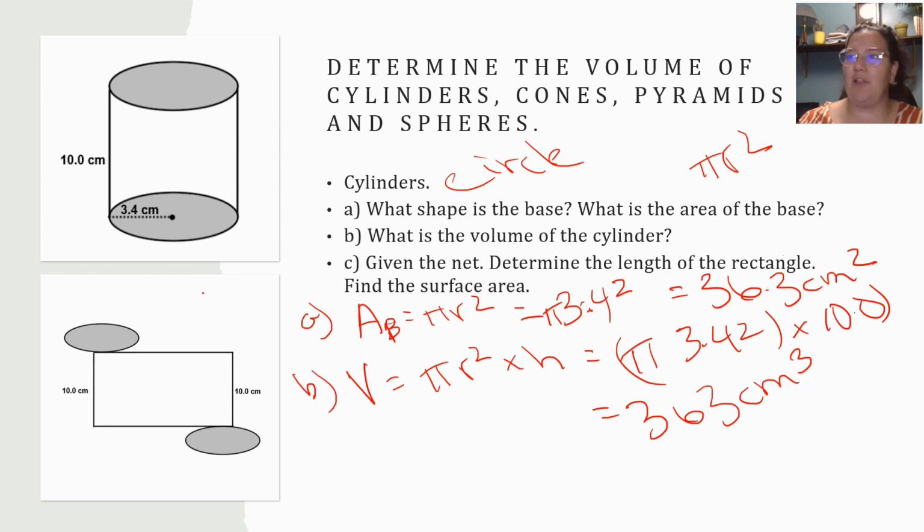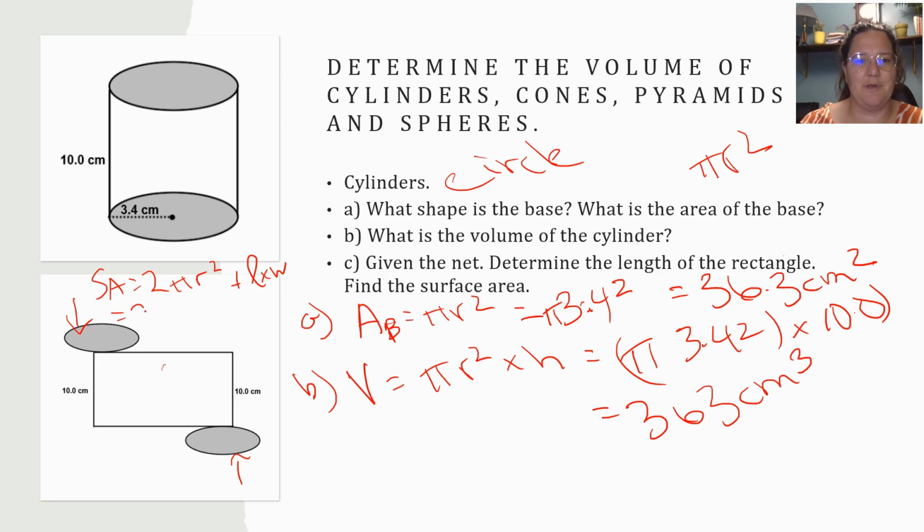Okay, now we're going to take a look at surface area, and we have two circles that are identical, and then we have this rectangle in the middle. So for our surface area, we're going to go 2 pi r squared plus length times width of that rectangle.